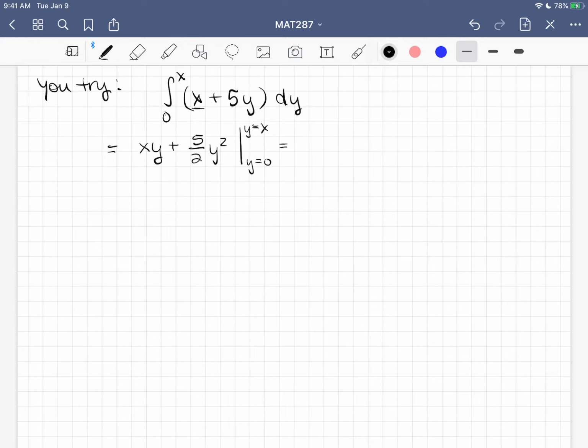So I plug in my upper limit first, so I get x times x plus 5/2 x squared minus the quantity x times 0 plus 5/2 times 0 squared. And so that just gives me x squared plus 5/2 x squared, so I get 7/2 x squared.